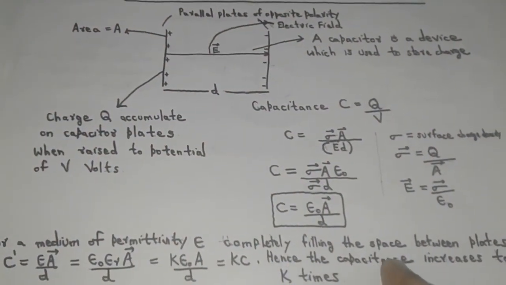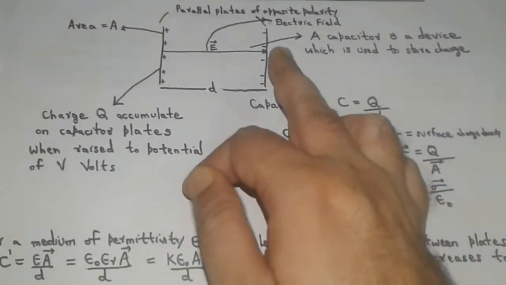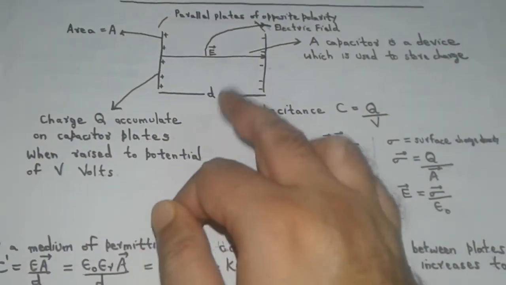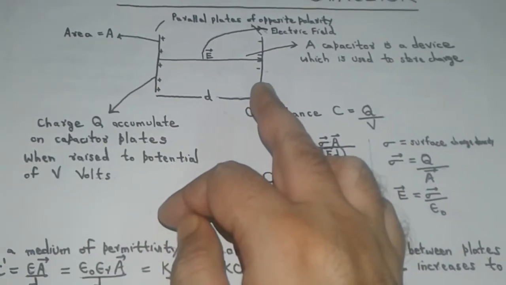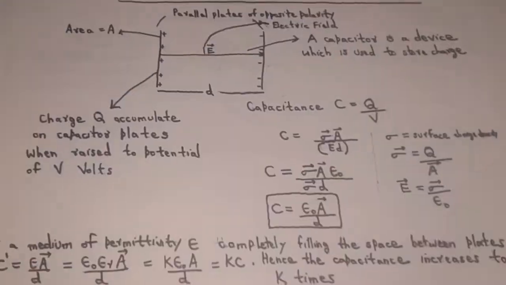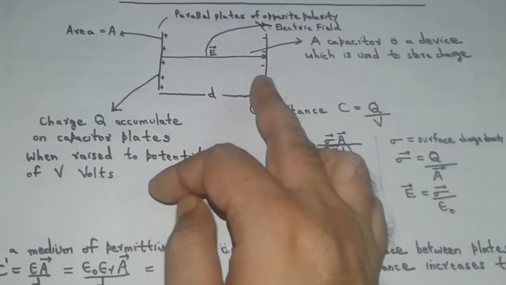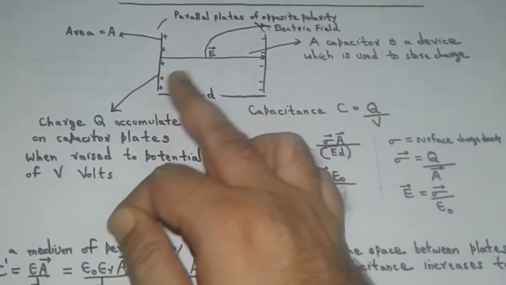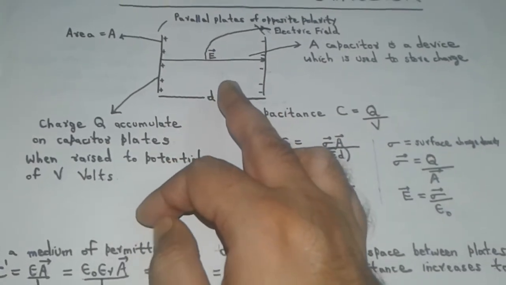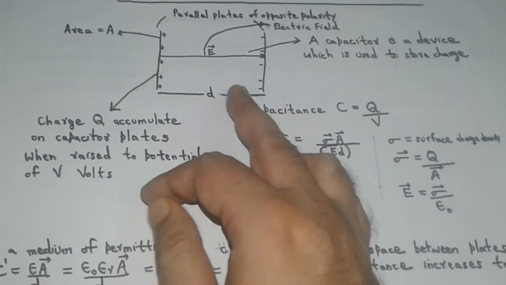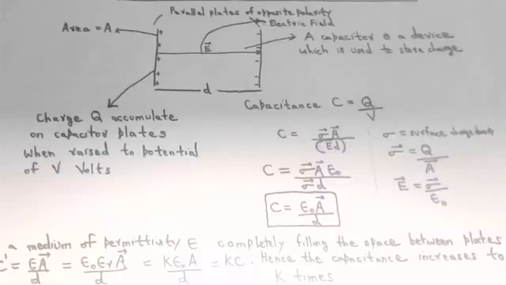Hence the capacitance has increased to K times the capacitance of the capacitor which has free space between the plates. Thus we conclude that when a parallel plate capacitor is filled with a dielectric medium of dielectric constant K, the capacitance of the parallel plate capacitor increases to K times.